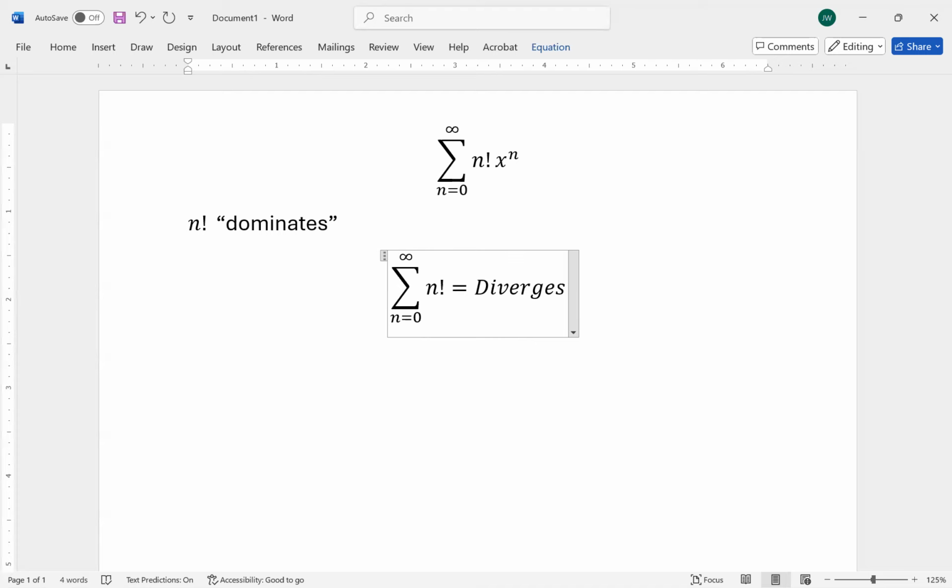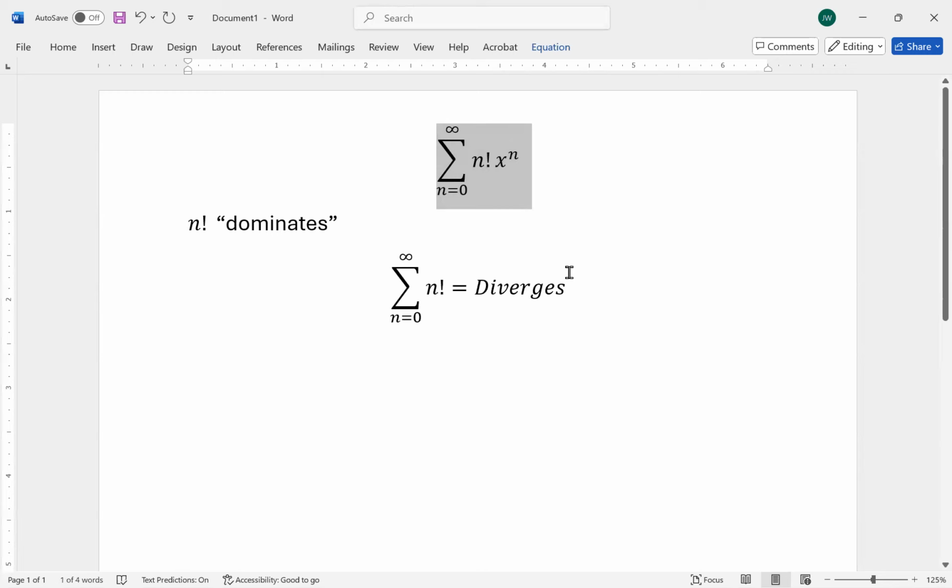We know that. Therefore, this thing is going to diverge essentially for all values of x, except there is the one exception, and that's when I plug in 0. When I plug in 0, this is an infinite sum of all zeros. So I have to be careful about that.